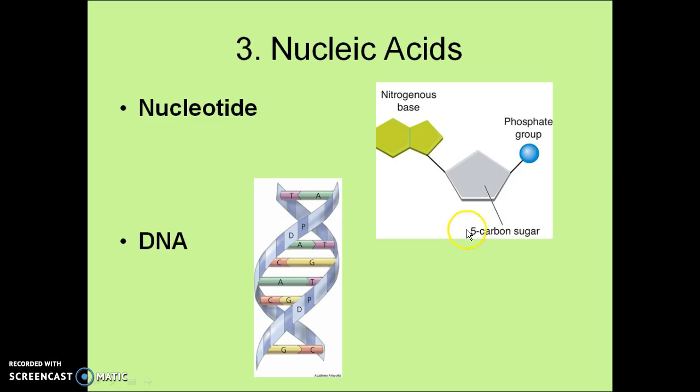A 5-carbon sugar might also be called a pentose sugar. And then we've got a phosphate group, which contains the element phosphorus. DNA is 2 chains of nucleotides that are wrapped around each other to form a spiral staircase-like structure.